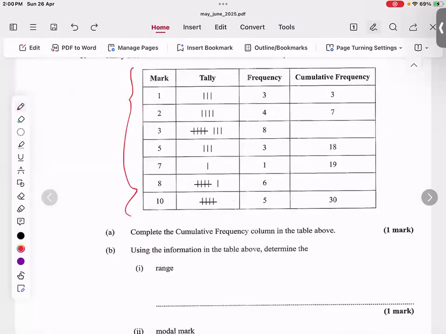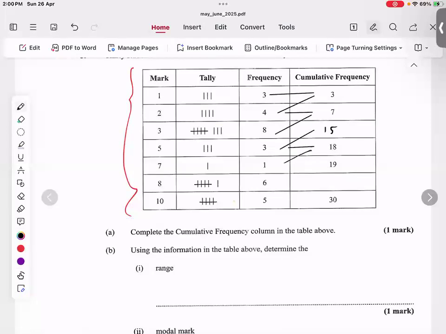And then the cumulative frequency, we spoke about this last week. The first number at the top is always the same number at the top here. And then we add diagonally to get to our answer. So we add here. Notice that we add 3 to 4 to get what? 7. And then we add 7 to 8 to get what? 15. And then we add 15 to 3 to get what? 18.